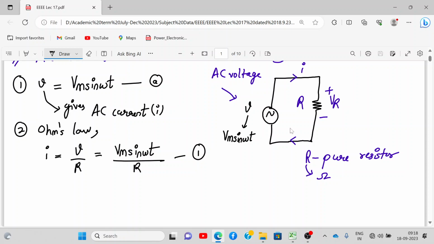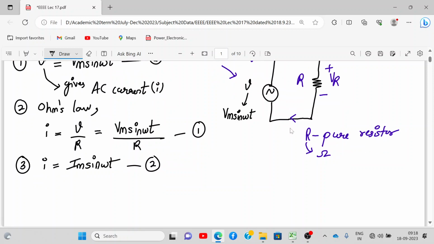Alright. And what do we know about i? i is also given by Im sin omega t, correct? Let's call this equation number 2. So if I compare equations 1 and 2, what is Im? Vm by R. Got it? Let's call it equation number 3.